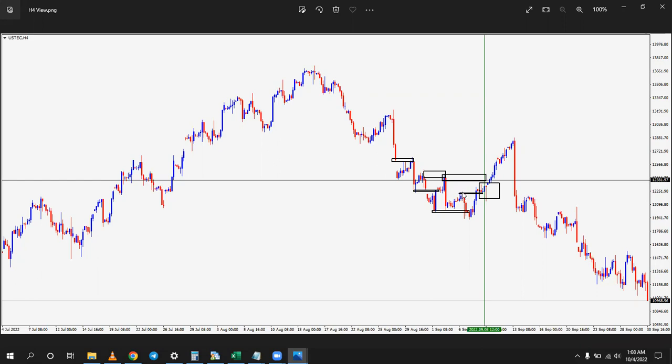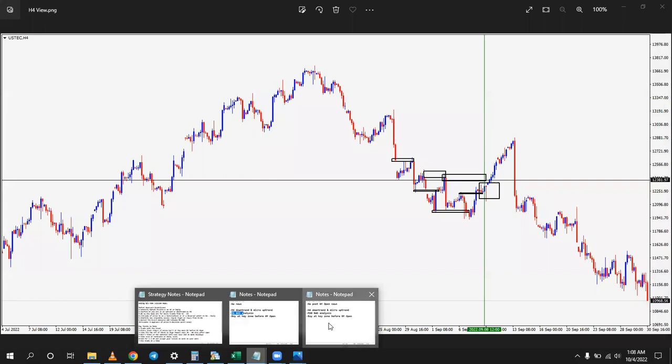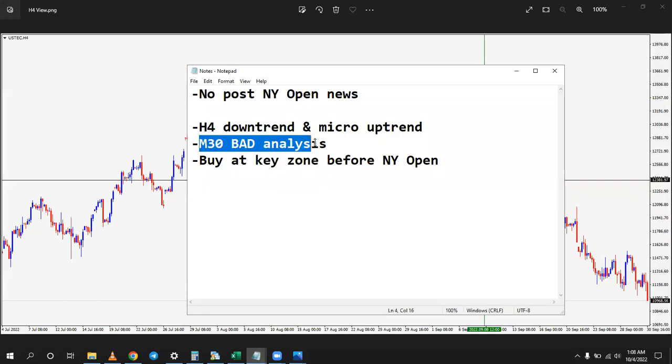As soon as price broke that level, price would potentially keep on pushing up towards the next level. So our bias was a micro uptrend at that point in time, right? We had to look out for a buy setup, and the M30 gave us a BAD SOP.